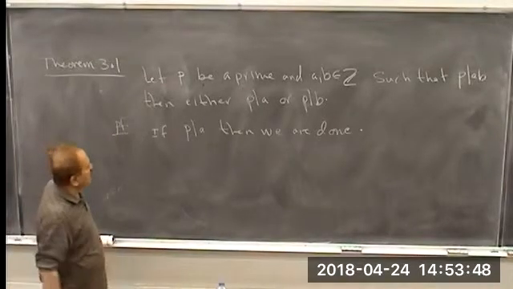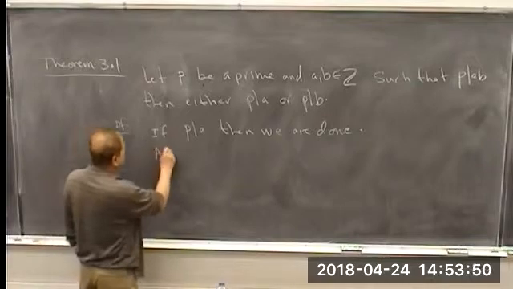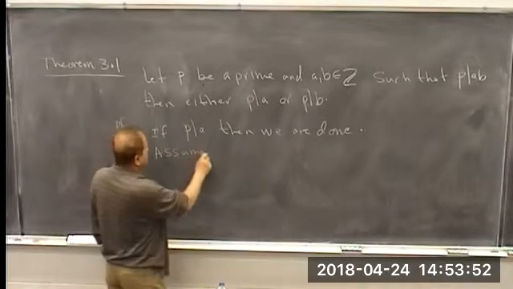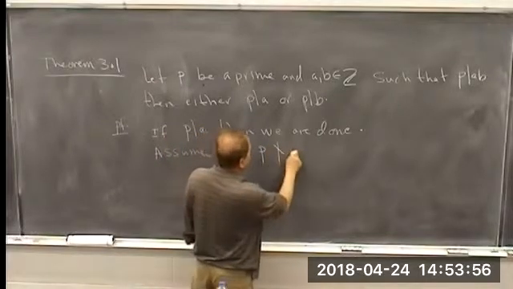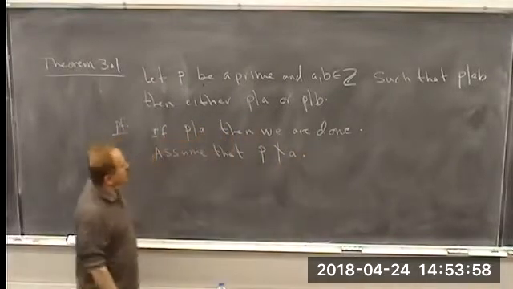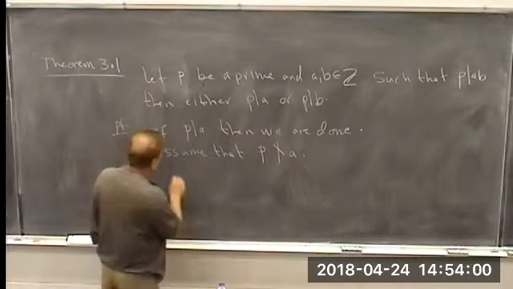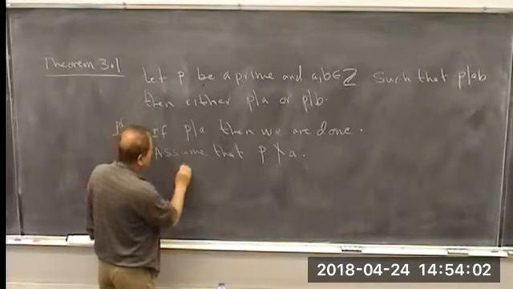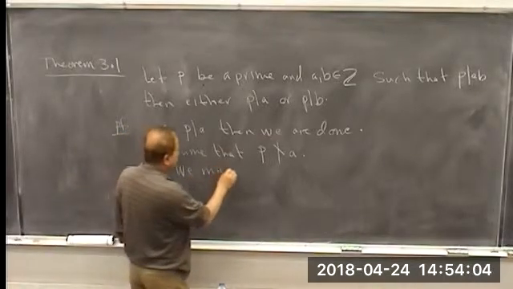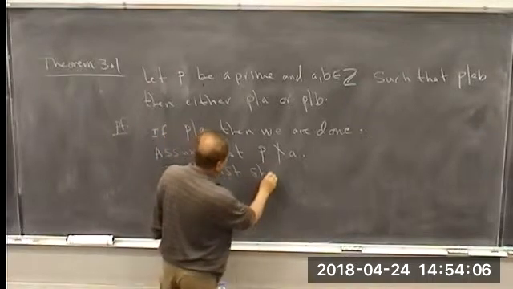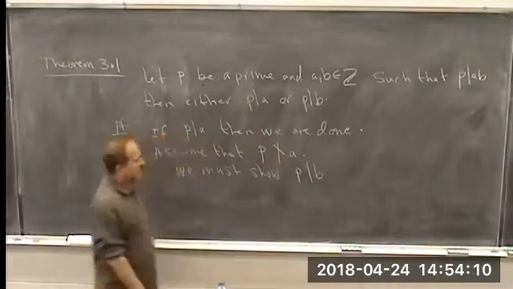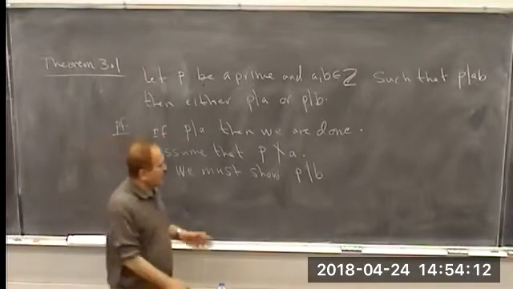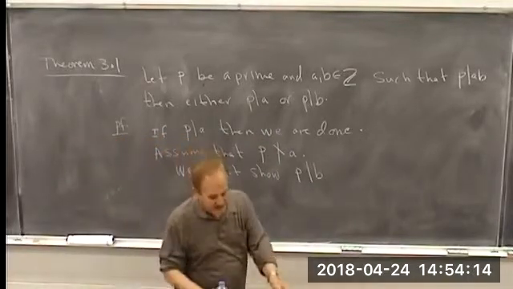Okay? So let's assume that it doesn't. P does not divide A. Well, this is going to force us to show that P is going to divide B. All right? So we have no other choice except this.